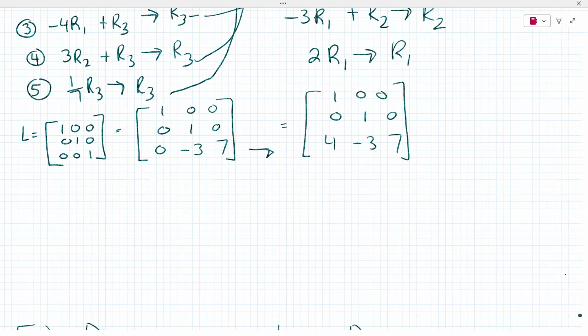Okay. The next operation was 4 row 1 plus row 3 gives us new row 3. So you're still messing with row 3, and you always start with the previous matrix, right?